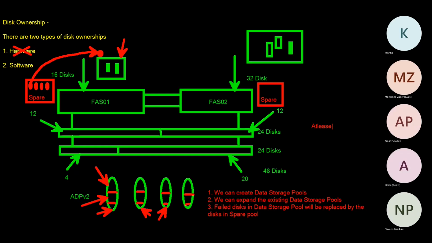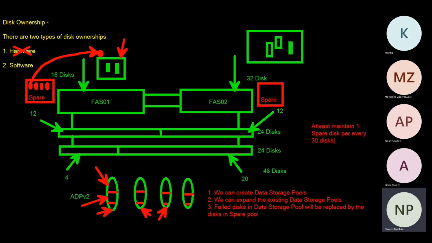And the best practice is to maintain at least one disk in the spare pool for every 30 disks. For example, I have 60 disks owned by my controller one.